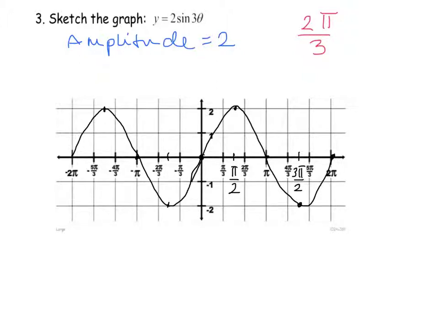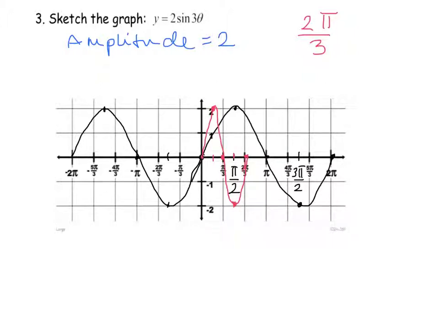So here is my 0, and this will be my last point. Now I'm going to divide this into 4 equal parts. So I'm going to have my 2 and my 0, my negative 2 and my 0. So one cycle of that graph is going to be right here.